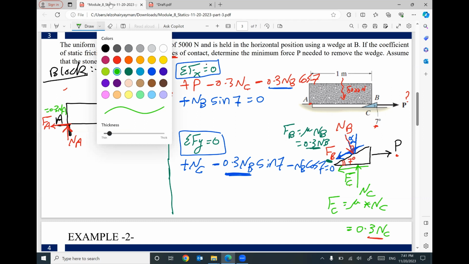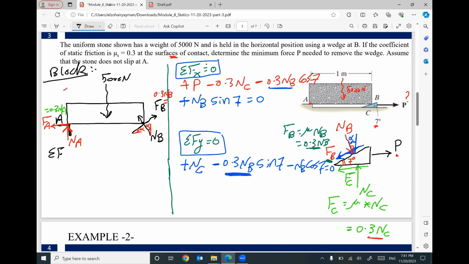If you apply the equilibrium equation summation Fx equals 0, I will have 0.3 NA in negative direction, this force FA, and I will have the x components for these two forces, which is negative NB sine alpha, which is 7, and I have positive FB, which is 0.3 NB cosine 7, equals 0.